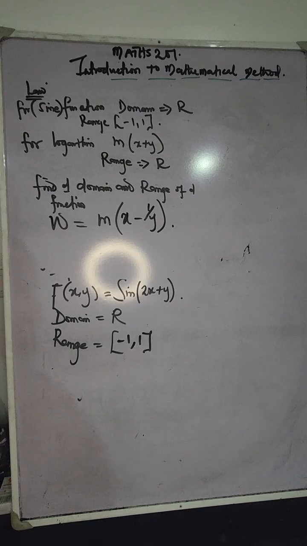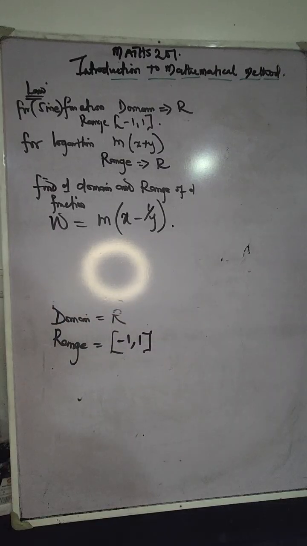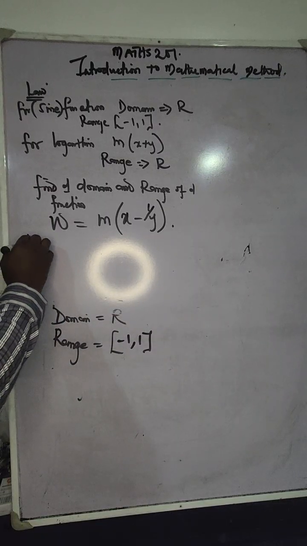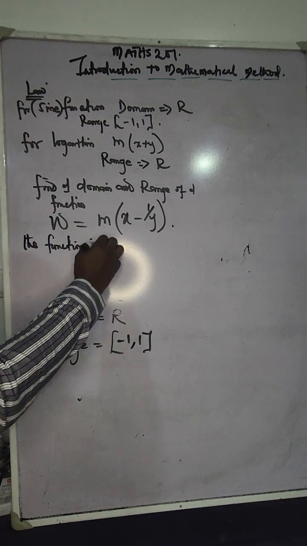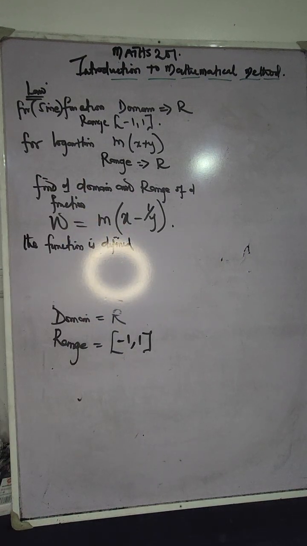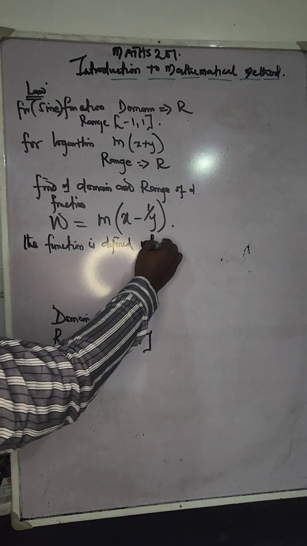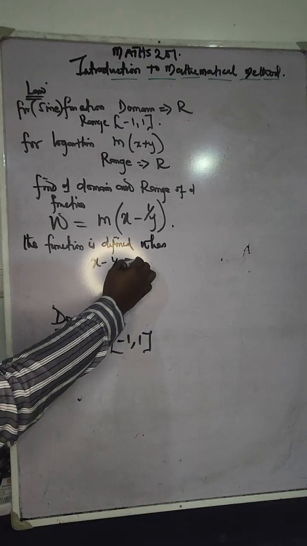So to solve this question, we said the function is defined when x minus 1 over y is greater than 0.